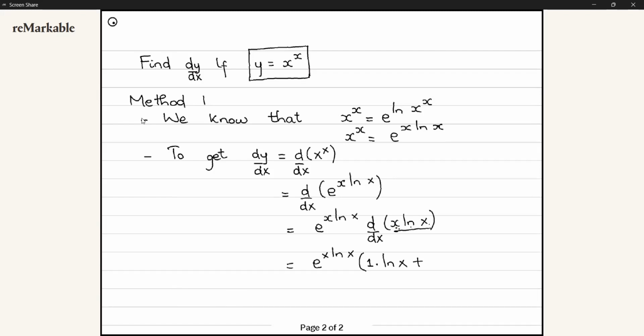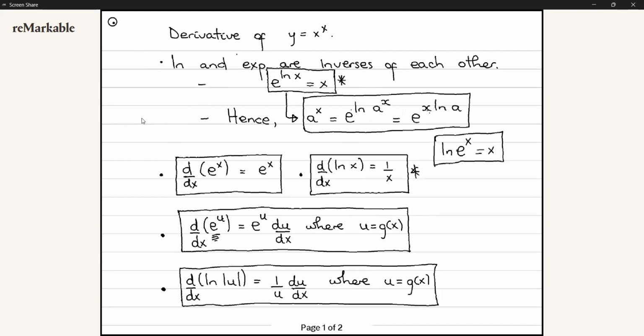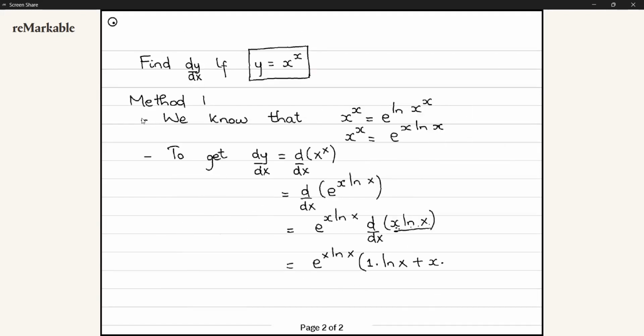And then plus, I'll leave the x intact, and then I'll differentiate natural log of x. And using this fact, the derivative of natural log of x is 1 over x. And what I get as the answer is natural log of x plus 1.